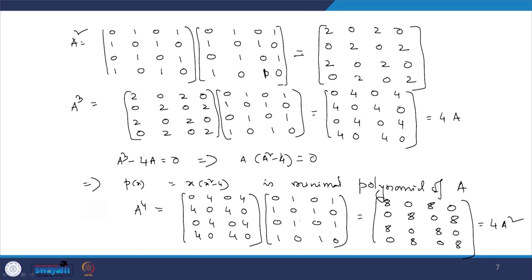So, it is repeated, only 2 linearly independent rows will be there. Therefore, definitely the rank for the eigenvalue x equal to 0 in this case will be 2. Since rank is 2, the null space of A minus 0 I will have dimension 2. So, definitely the geometric multiplicity for the eigenvalue x equal to 0 will be again 2.